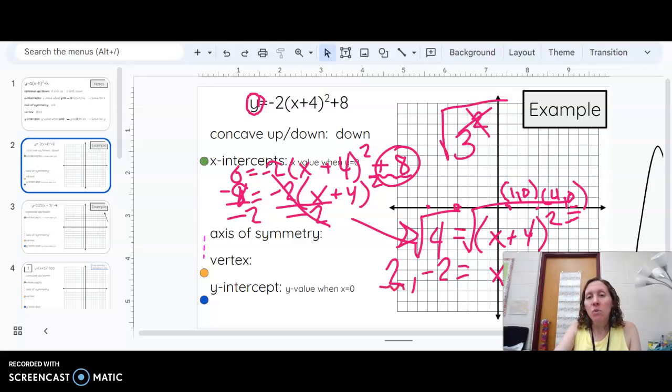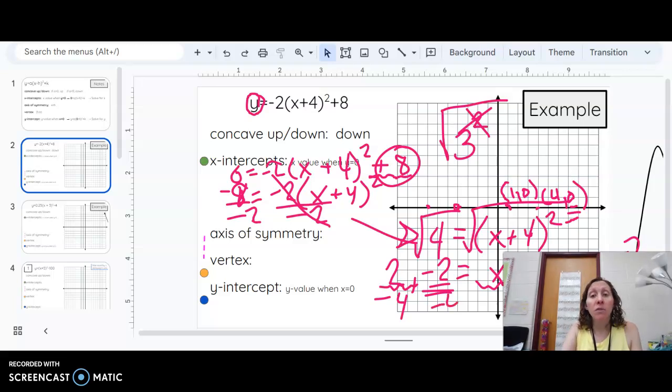All right, let's say we have a 2. 2 equals what number plus 4? Let's minus 4. 2 minus 4 would be negative 2. So x could be negative 2. Or if we went with negative 2 here, negative 2 equals what number plus 4?